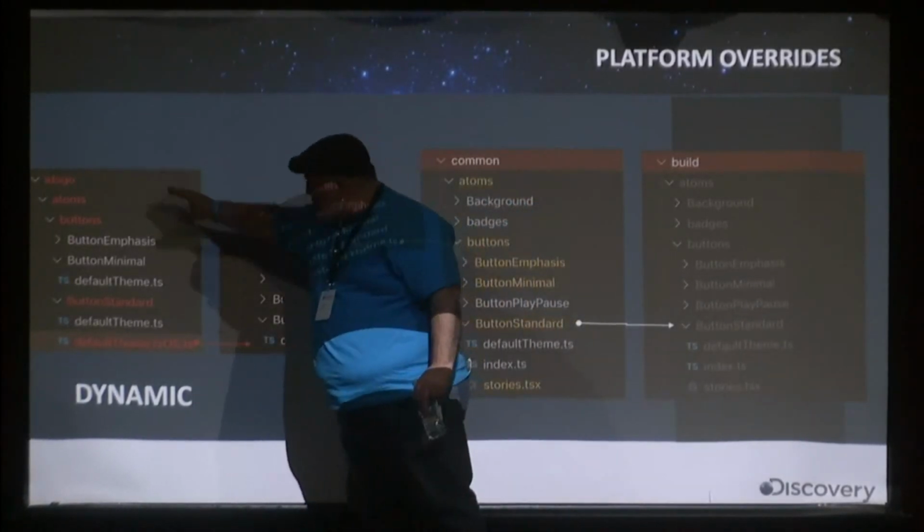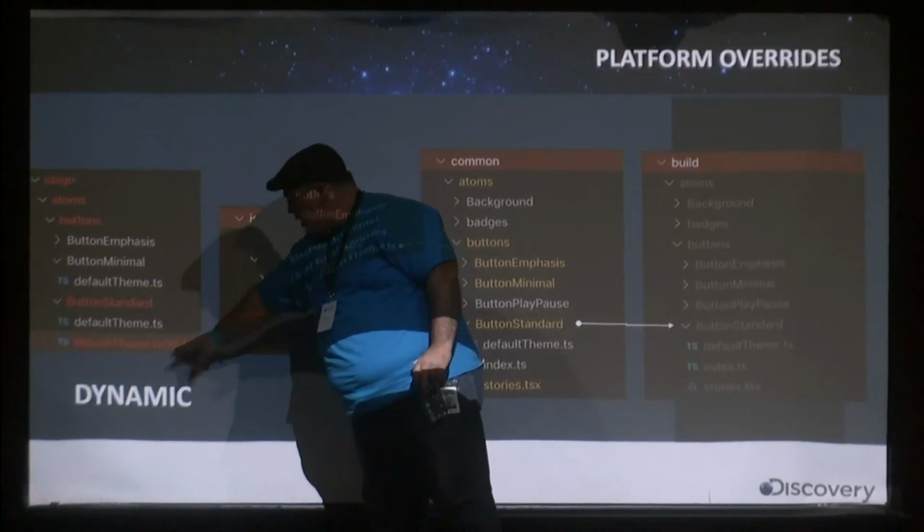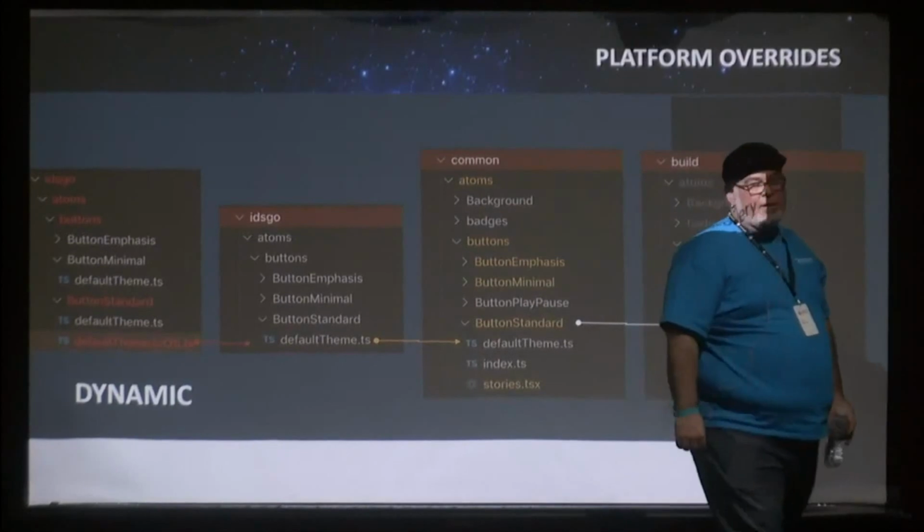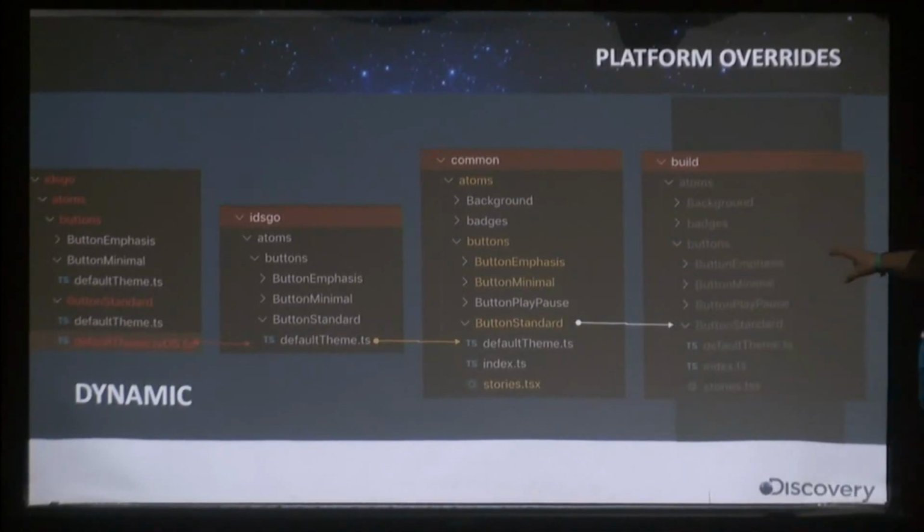But also, if there's a product-specific override for, say, tvOS, you override those all the way down. So what you end up with in your build is sort of the delta of all of these. And currently we're doing it on a file basis, so it's a file-based override.